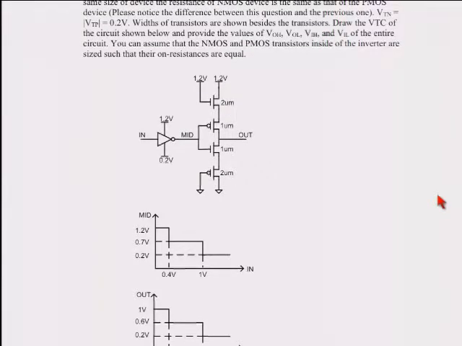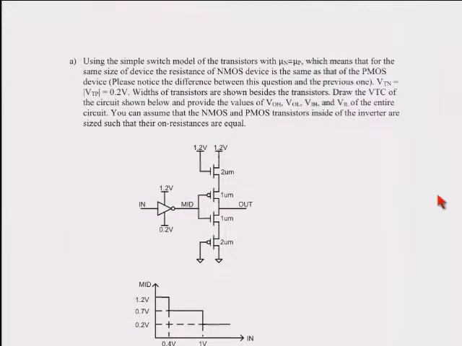So I can draw the voltage transfer characteristic. In reality, what I know is that VOH is going to be 1.2 volt. VOL is going to be 0.2 volt. And if you want to approximate when the transistor turns on, just use a switch model. At 0.4 volt, actually we said that both transistors are the same strength, and both of them have a threshold voltage of 0.2 volt.